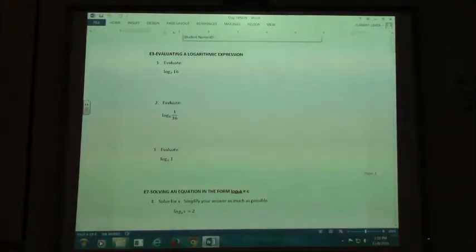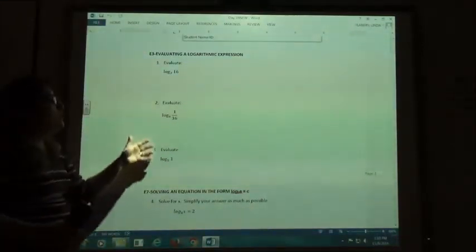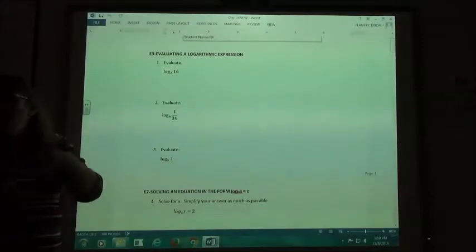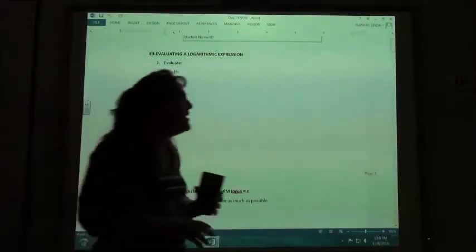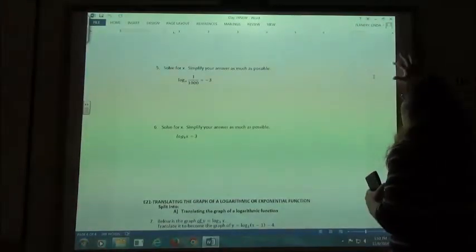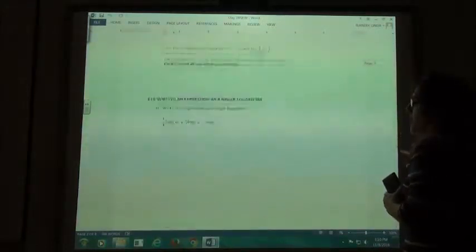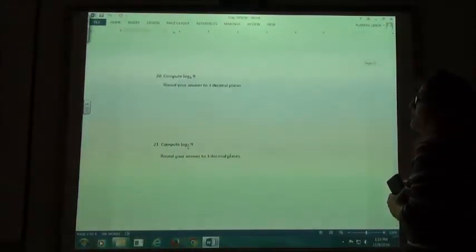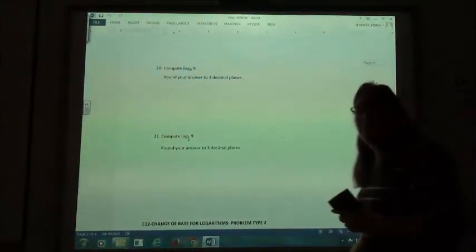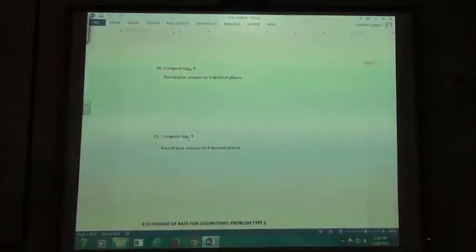And your calculator tells you -2. That's what we got, right? Yep. So we could use our calculator to do these ones, but they wanted you to practice rearranging it into exponential form. On these ones down here, we can't figure them out in exponential form because we'd have to be really good to know what the 3 decimal places were.